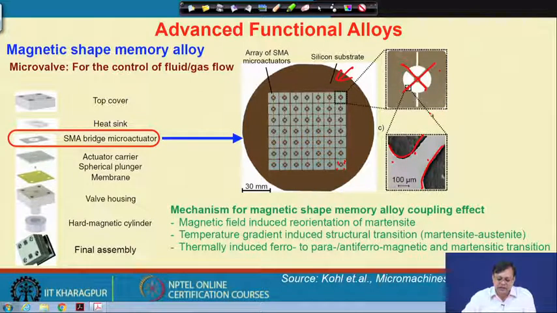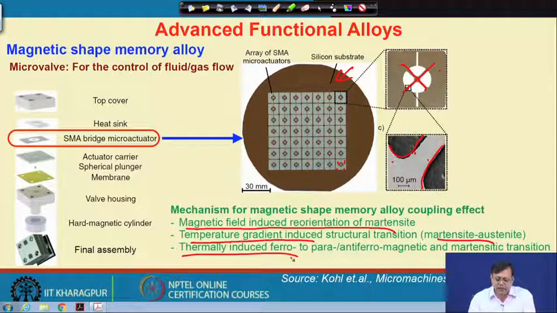Now, the mechanism of the magnetic shape memory alloy coupling effect is due to the magnetic field induced reorientation of the martensite, temperature gradient induced structural transformation from martensite to austenite, and thermally induced ferro to para or antiferro or martensitic transition. So, if we apply a magnetic field, then there will be a distortion in the lattice, and it will simply assist to close the valve or to open the valve.